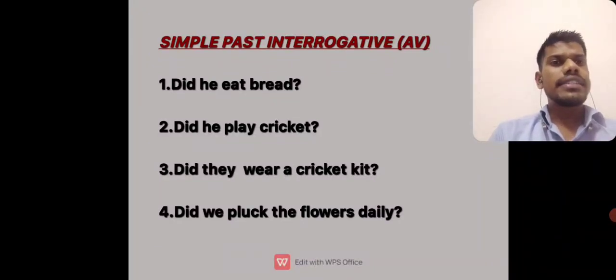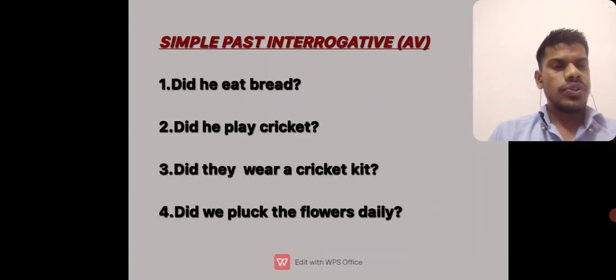Did he eat bread? Here also most of the people commit errors while they frame simple past interrogative. What will be the error? They'll ask, did he ate bread? Or did he played cricket? It is wrong in English. Because did already is in the past form, hence we need not use the main verb in past form.